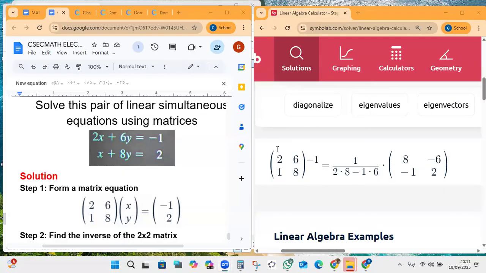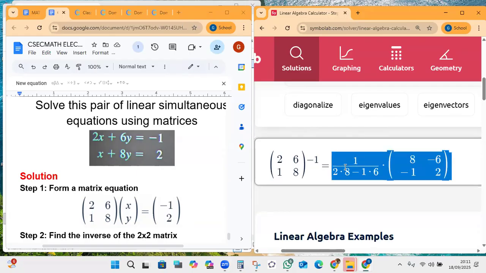The inverse of this 2 by 2 matrix is 1 over the determinant times the adjoint. The determinant is 2 times 8 minus 1 times 6. For the adjoint, you swap the positions of the leading entries: 2 will take the position of 8, and 8 will take the position of 2. Then you change the signs of the non-leading entries: 1 becomes -1, and 6 becomes -6.